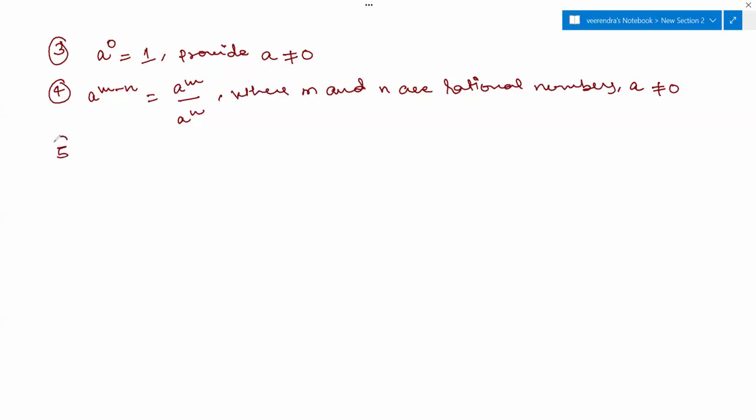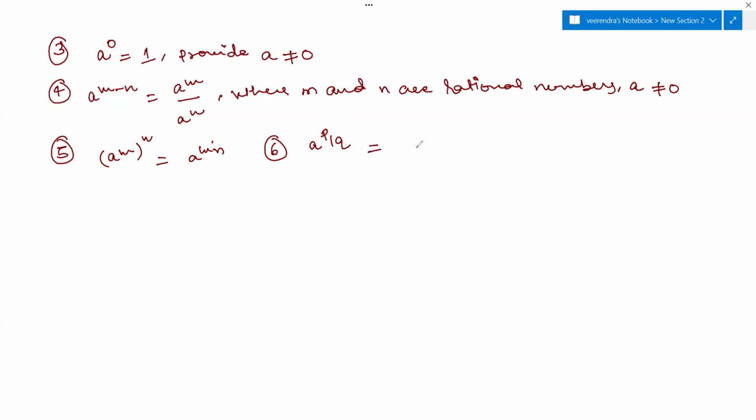Next is a to the power m to the power n, which is a power mn. Sixth one is a power p by q.